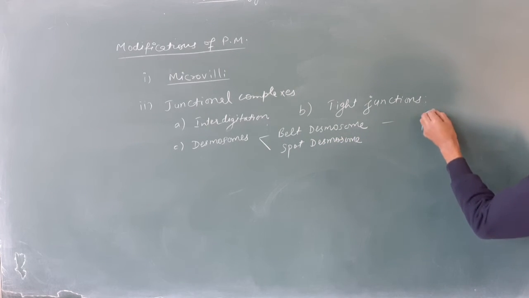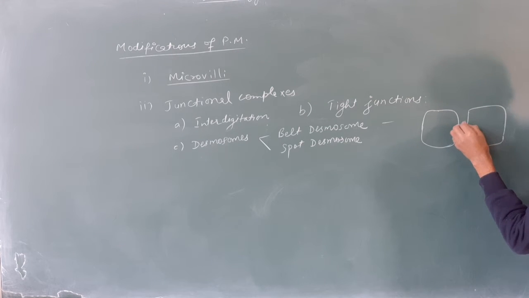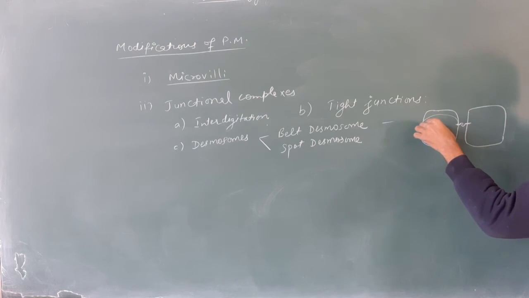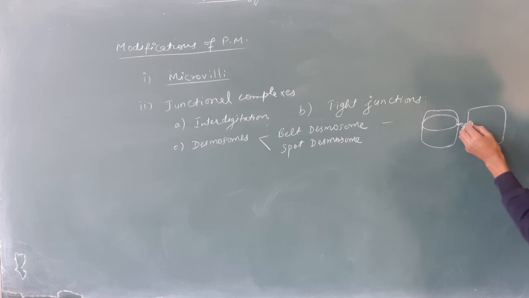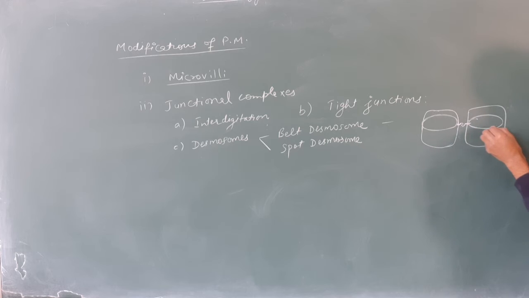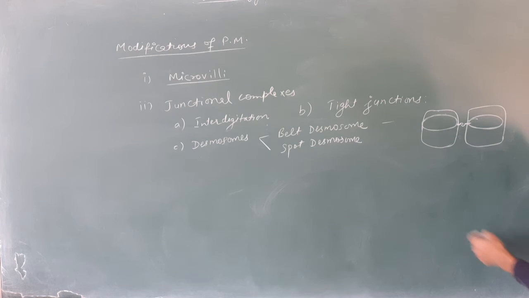Suppose this is one cell and this is another cell. Desmosomes are formed in such a manner that the membrane protein of one cell makes contact with another protein from another cell, and interiorly they are attached to a belt of strands in such a manner that this belt makes contact with other neighboring cells, and this is belt desmosome.